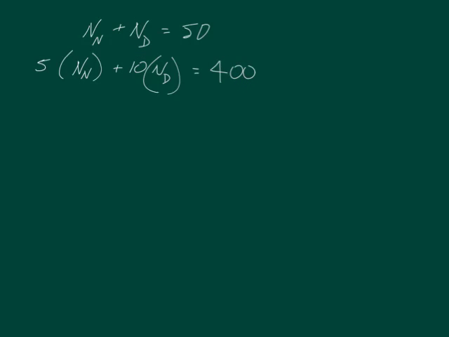If I decide to use a decimal, 0.05 times the number of nickels plus 0.10 times the number of dimes, then I can use my 4.00. Then I can put my decimal in. So if I have decimals on the value of the coins here, I have to have a decimal here, and it's always going to be 2 over from the right, just like these are always going to be 2 over from the right. So it's up to you on whether you want to use decimals or not.